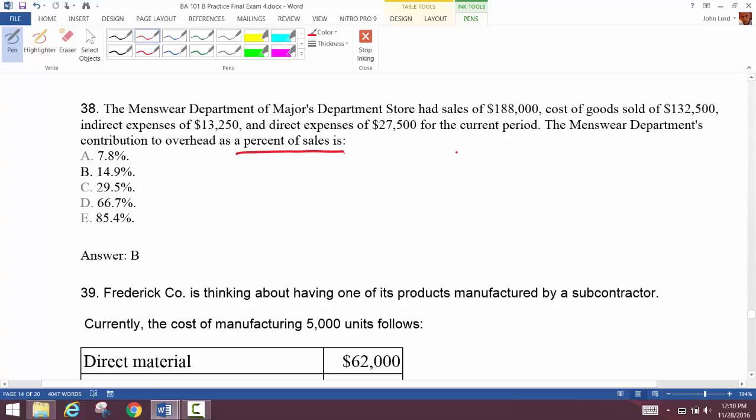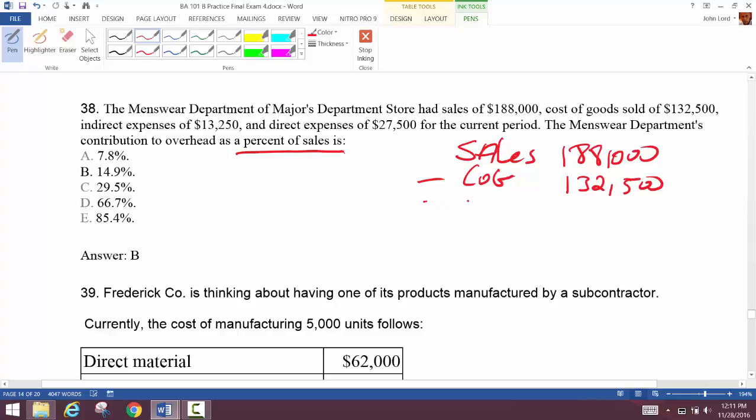Contribution, Omar, is what? Sales of 188,000, good. Minus the cost of goods sold, which is this 132,500. Now we're not looking for contribution margin, they're just asking the total contribution of this division, right?